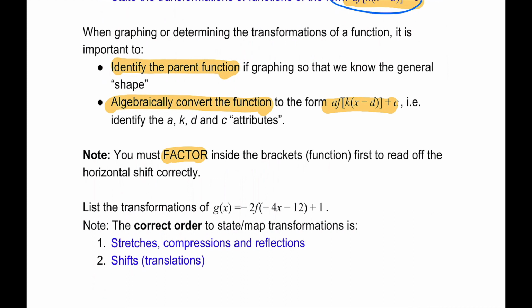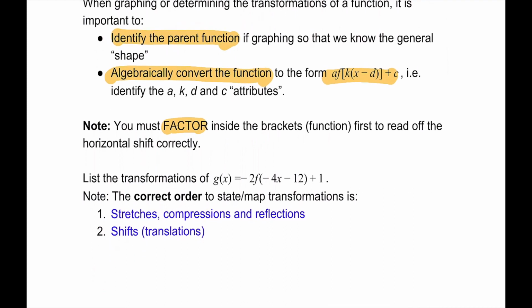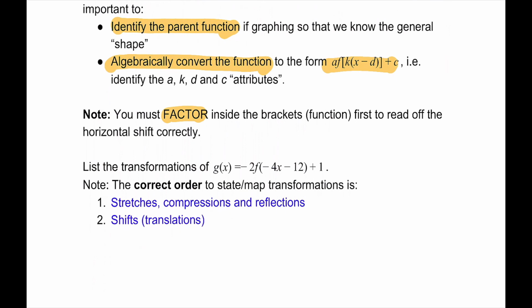So as an example, we might have a transformation g of x is equal to minus 2 f of, in brackets, 4x minus 12, plus 1. So here we have a transformation of a function f of x. What that actual function is is irrelevant.